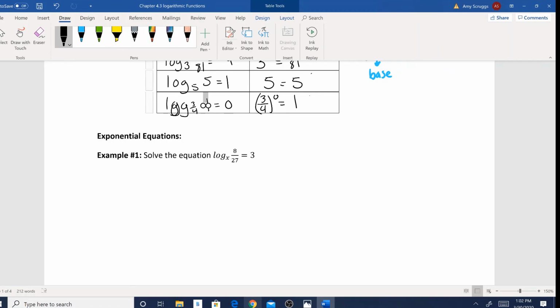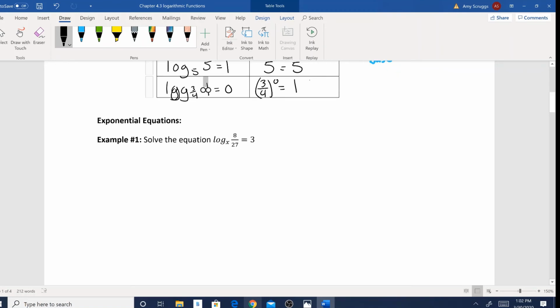Okay, so to solve a logarithmic equation, the first step is actually just to rewrite it into the other form. Rewrite. In this case, we're going to rewrite this into exponential form since it's already written in logarithmic form.